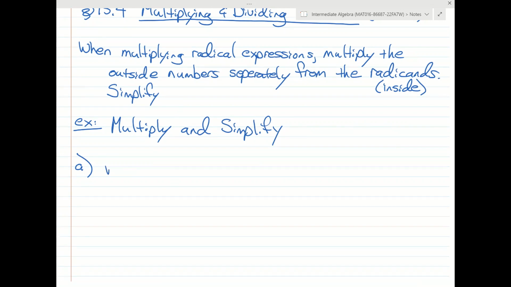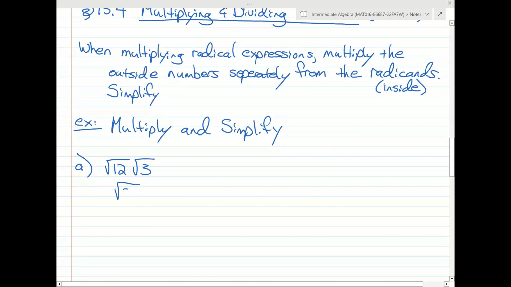The first one is the square root of 12 times the square root of 3. 12 times 3 is 36, and the square root of 36, of course, is 6. So what you do is you just multiply first and you see what you get.